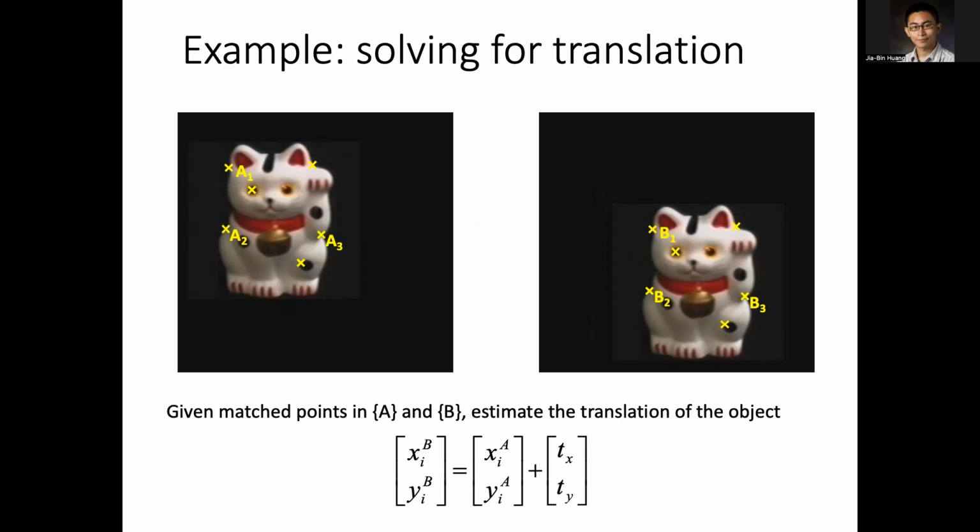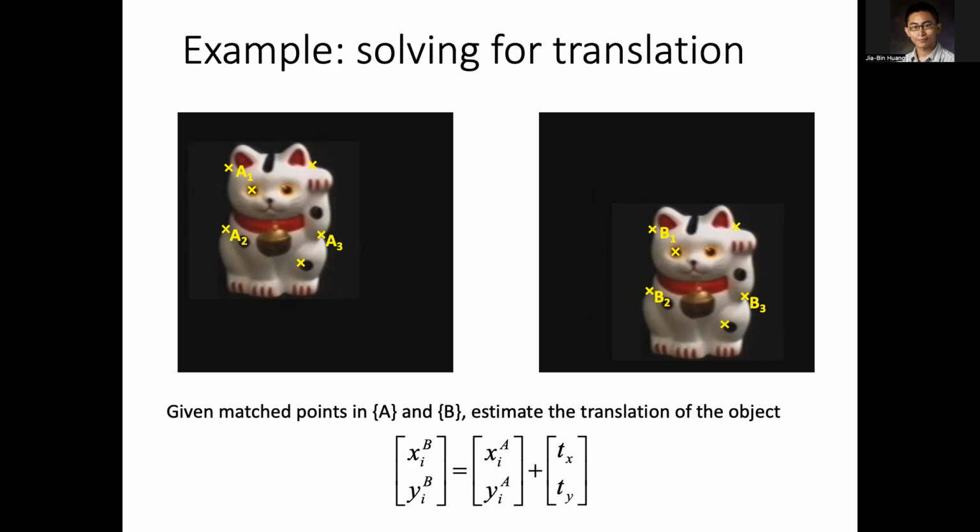So let's say in this case, I have 5 points in image A, which basically for each point you have X and Y, and then another 5 points in image B. And I tell you that point 1 in A and point 1 in B are matching, but I need to find the unknown tx, ty.